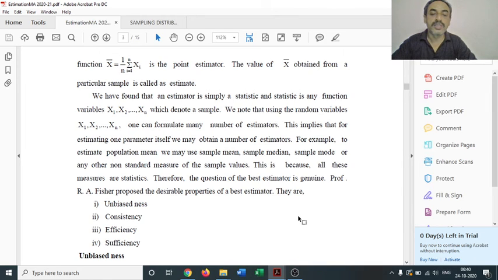That's why it is necessary to introduce certain criteria to sideline the unfair estimators or to identify the best estimators. That's how we have certain properties, the desirable properties of the best estimator, and those properties are our next topic of discussion.